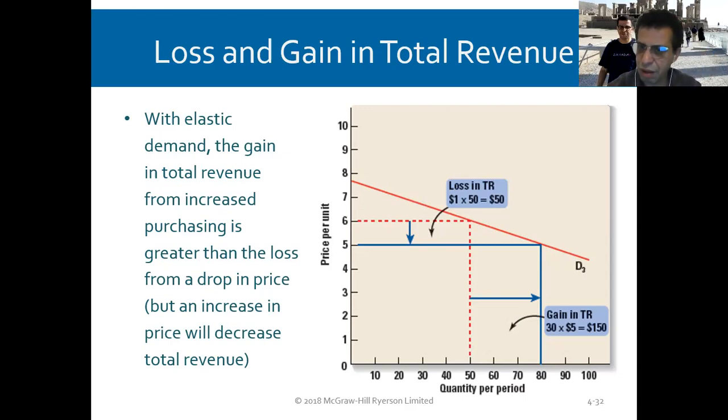So you lost $50 here and you gain 150, and for your total revenue, you subtract 50 from 150, you end up with 100. So by lowering the price 10%, you notice 30% increase in purchase, and that generated more total revenue for you.